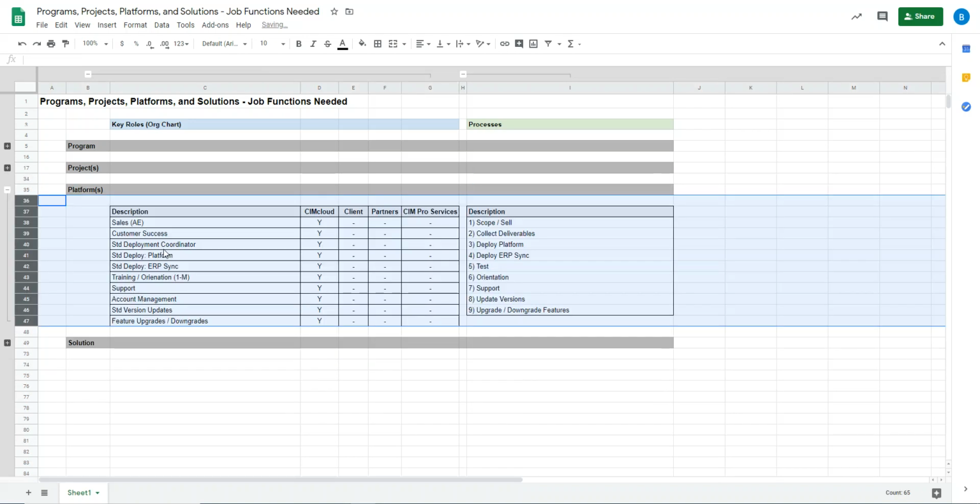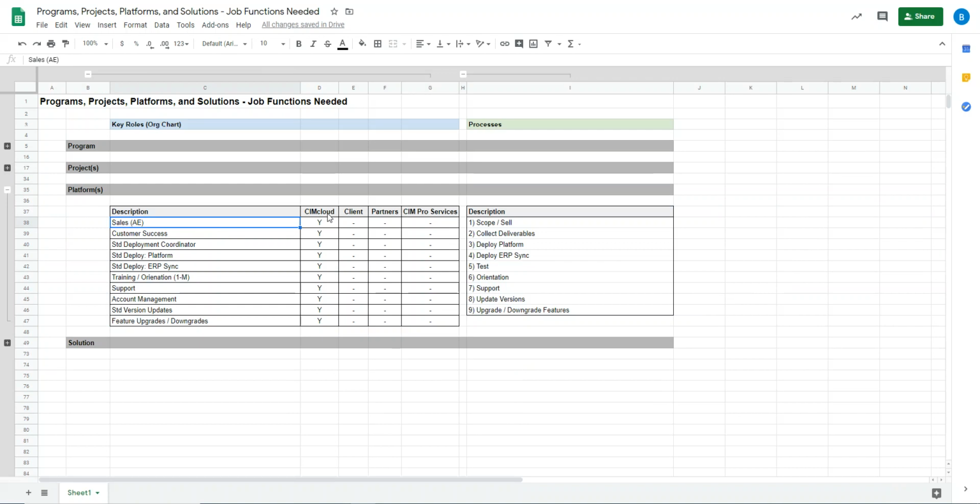If you look at the platform piece, you can see that all of this lines up under SimCloud. These are roles that we have, from people that sell to customer success, who are responsible for making sure the client can adopt and have success on the platform. They would be lining up partners or pro services groups or trainers with our platform or training materials to help the client succeed.